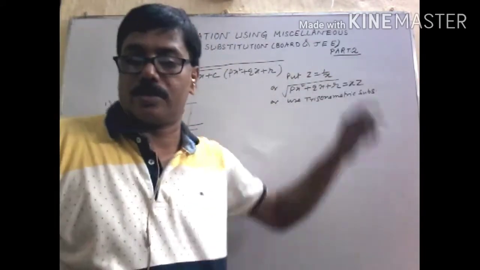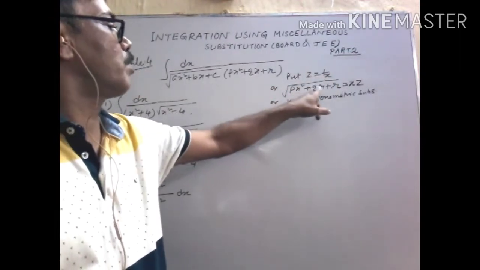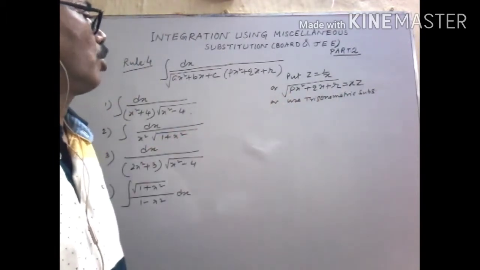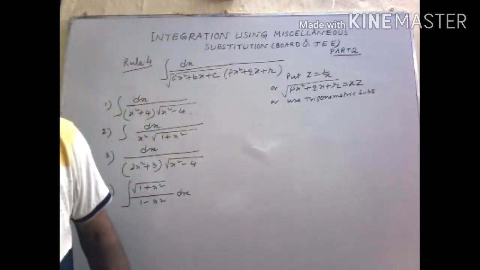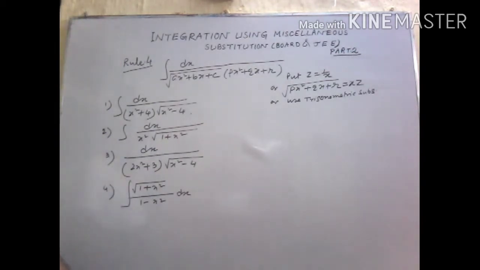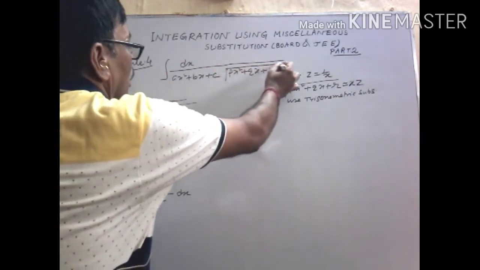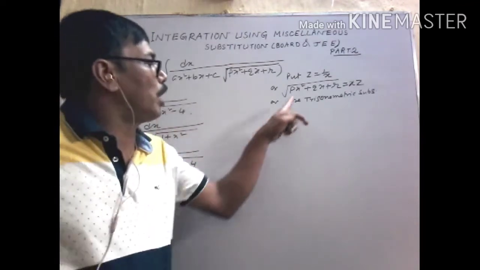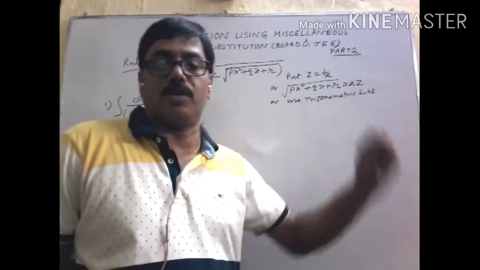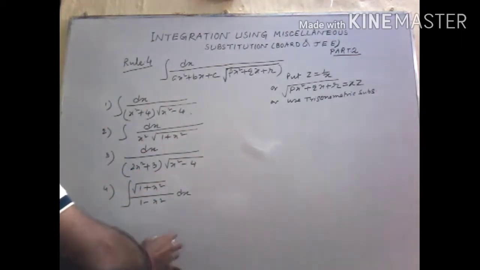So z equals 1 by x, or px square plus qx plus r equals xz, or use any suitable trigonometric transformation. So we consider any one of them.